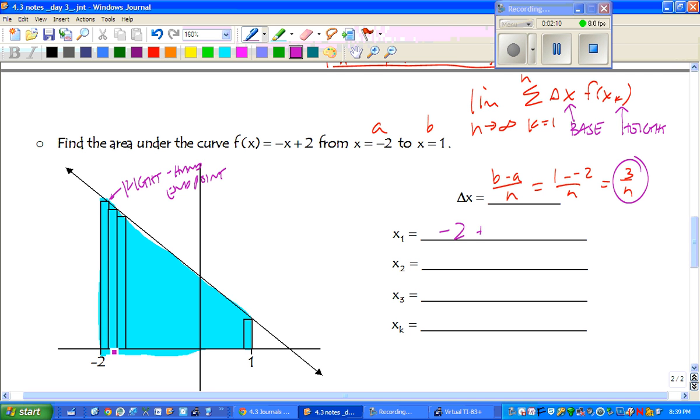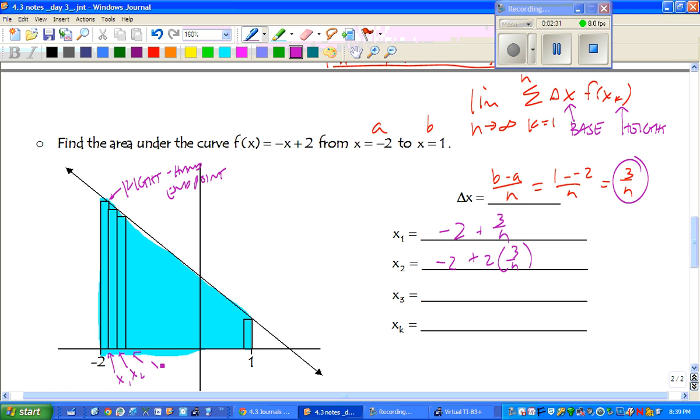negative 2 plus delta x is going to give us x sub 1. Negative 2 plus delta x, so negative 2 plus 3 over n. To find x sub 2, we're just going to have to add 2 of those delta x's. So negative 2 plus 2 times 3 over n.